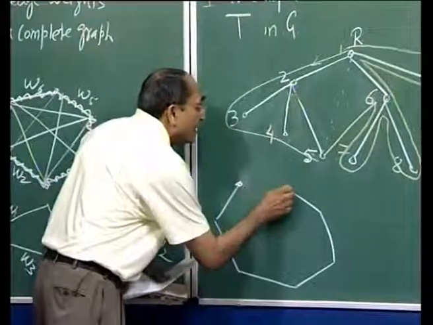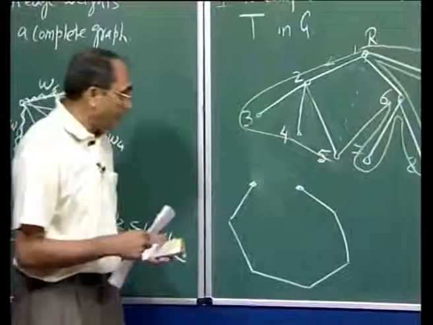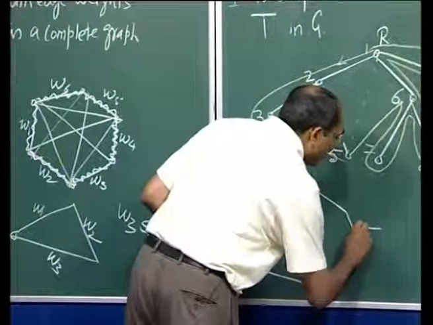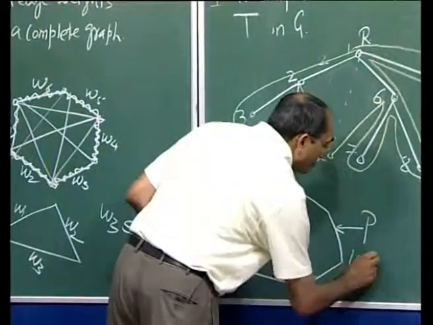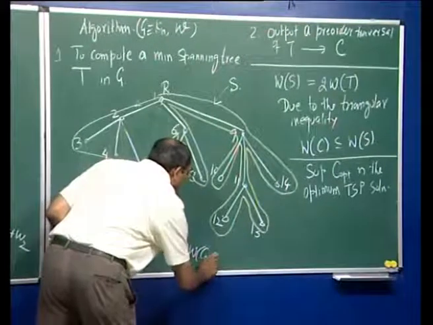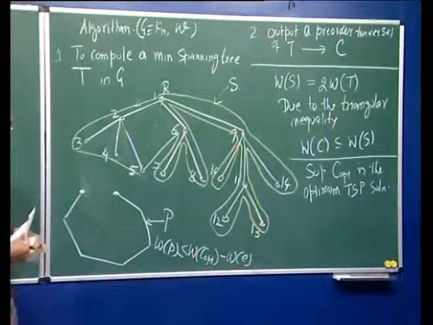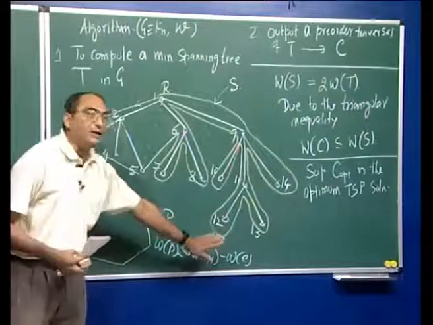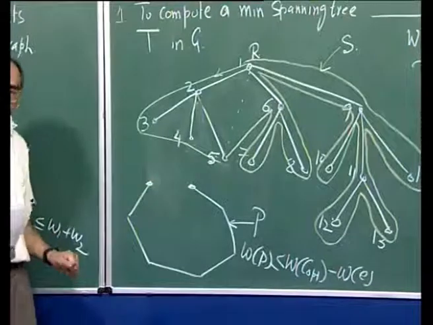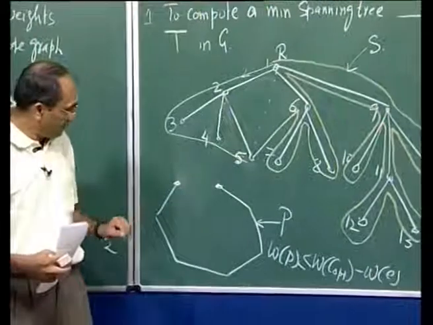So, what you get is that the weight of this path P is actually equal to the weight of C opt minus weight of E. Now, temporarily let us assume weights of all the edges are non-negative. We will take care of that general case in a minute. Assume this. In that case, this is actually a tree, path is a tree.